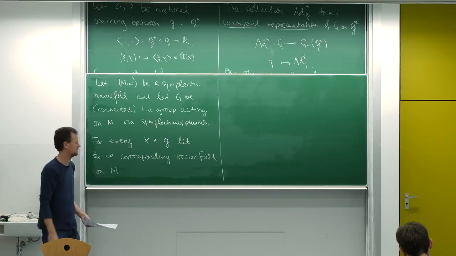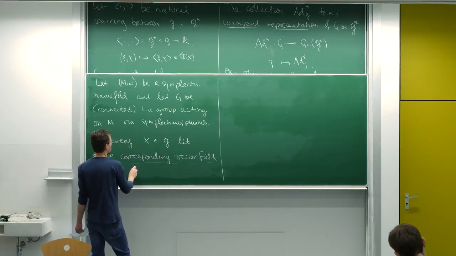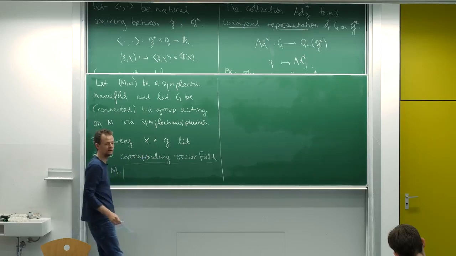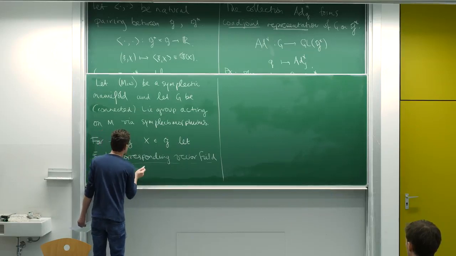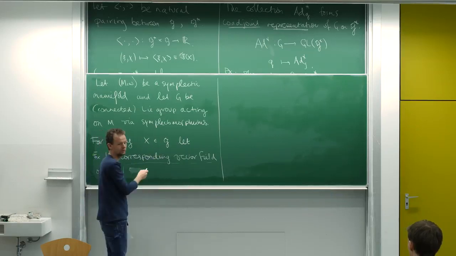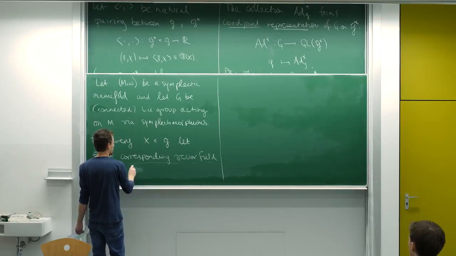I guess I'll say some comment on that. So for X inside the Lie algebra, we can form the flow. This generates a one parameter subgroup of the Lie group. So we can form these guys here, exp(tX).